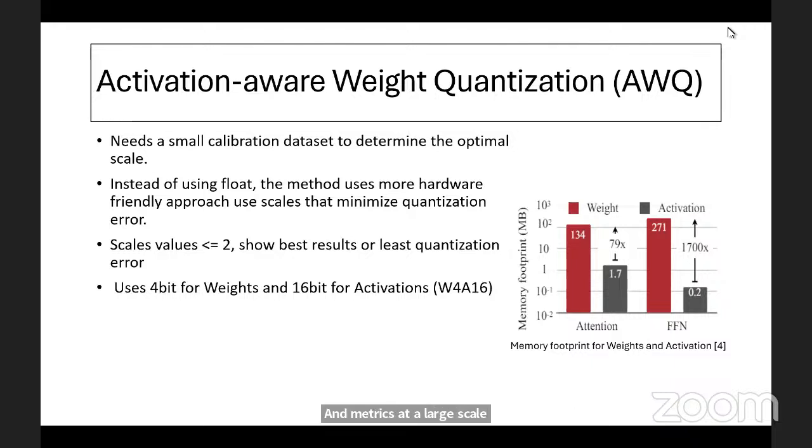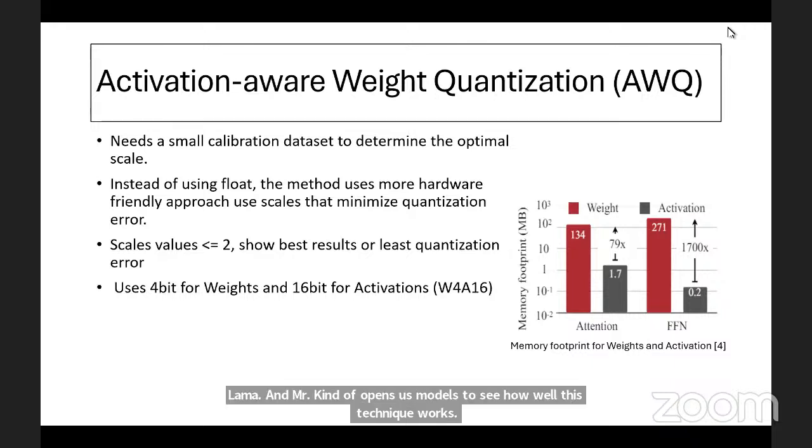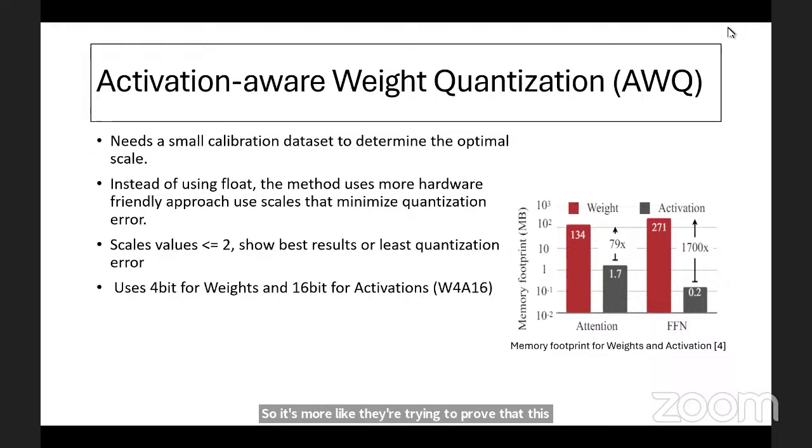But for the AWQ paper, what they do is use some basic perplexity measurements and throughput measurements and apply these techniques on various OPT, Llama, and Mistral open source models to see how well the technique works. So they're trying to prove that this works and leave the broader analysis of adaptation and accuracy measurement to the users.